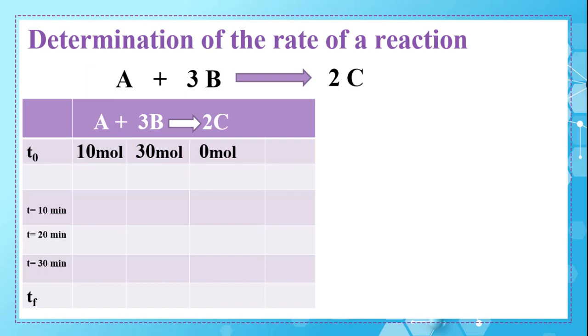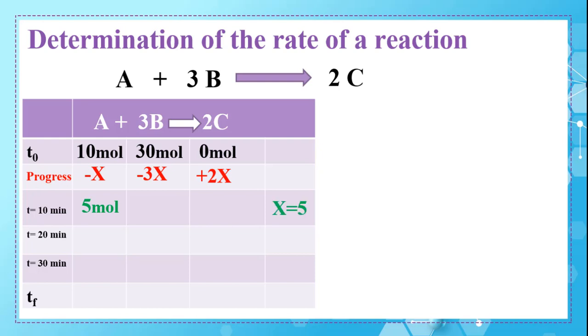The evolution of this reaction can be represented by minus x for A, minus 3x for B, and plus 2x for C. Let's say that at t equal 10 minutes, we find that there are 5 moles of A. This means that 5 moles of A remained. So the number of moles of A reacted out of 10 is also 5. So x is equal to 5.